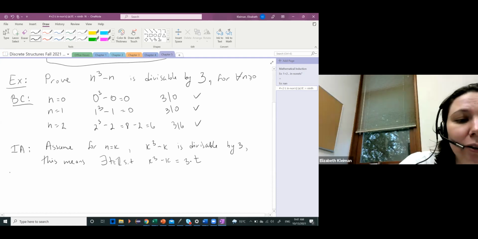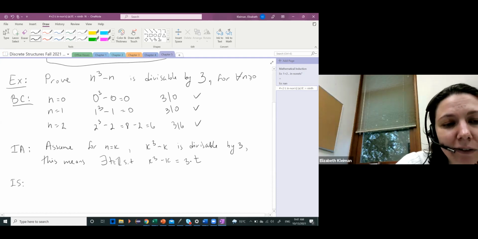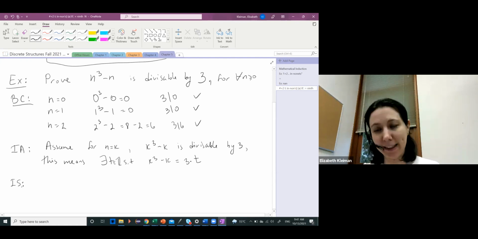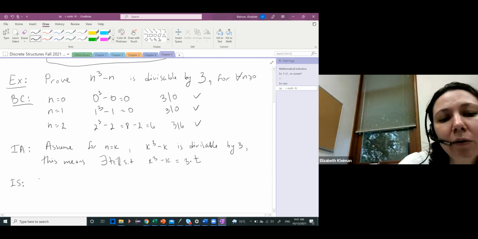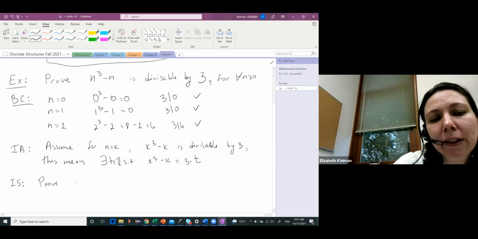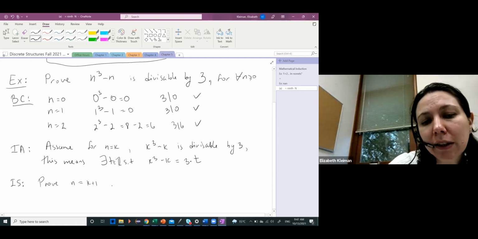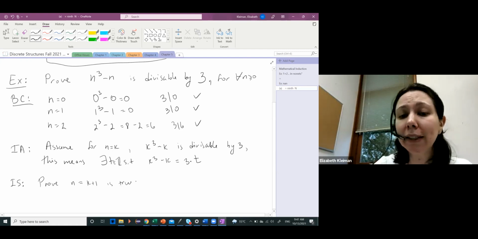And now what I'm going to do is the induction step. This is where I'm going to do the inductive proof. I want to prove that n equal to k plus 1 is true. What does it mean?